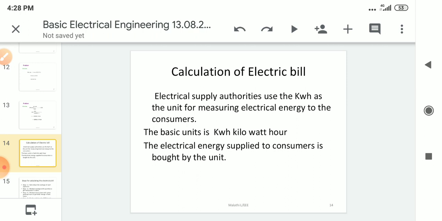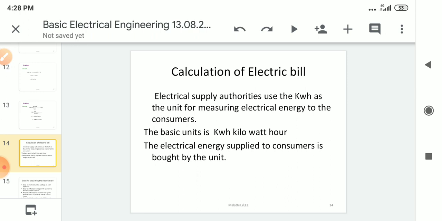For the calculation of electricity bill, the energy cost of an appliance is noted. Every electrical device or appliance is marked with some wattage. For example, in your house just see which type of appliances and how many watts are required.